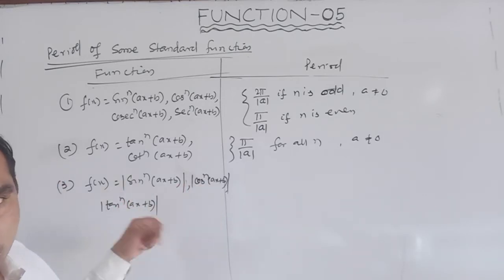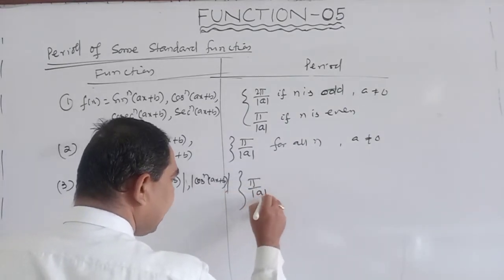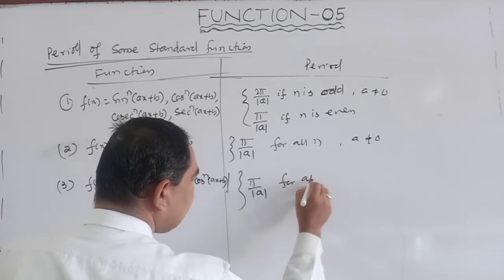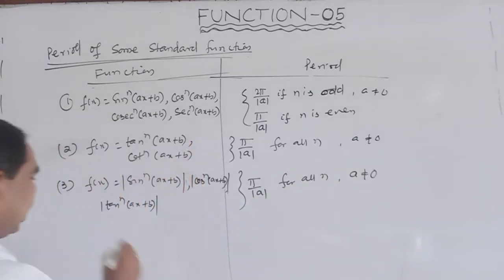In all cases the period is pi by mod a for all n, a not equal to 0. Next.